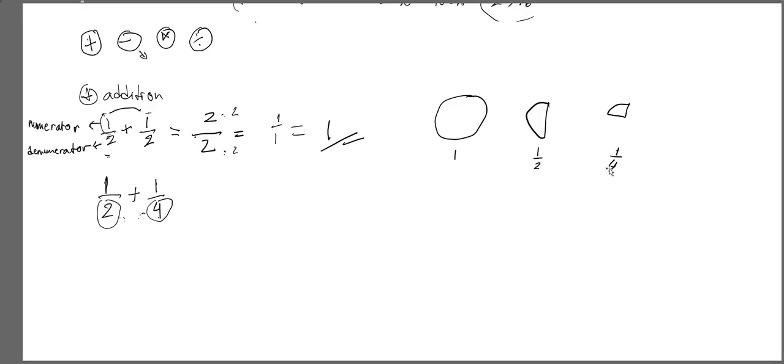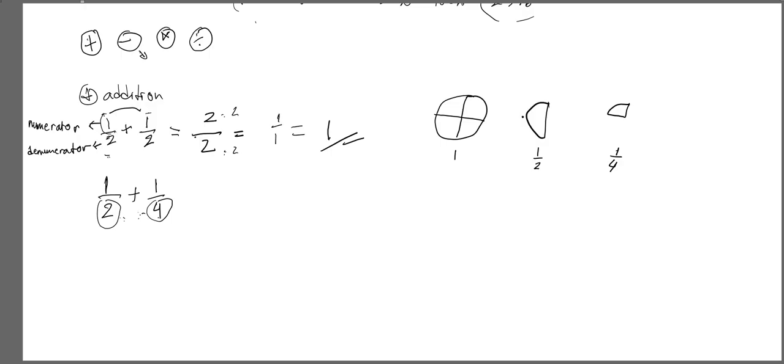Okay. So you can see here one cake. If we cut it into two pieces, it becomes a half. And if we cut it into four pieces, it becomes four.